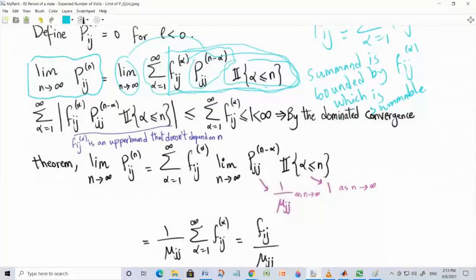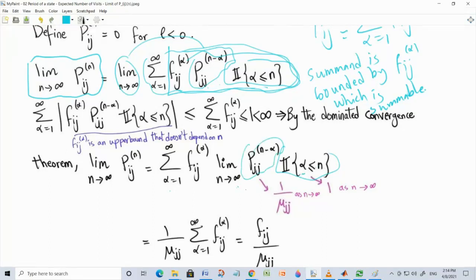If we take the limit inside, there are two things. This is the indicator that n is greater than or equal to alpha. So now you are fixing an alpha and then taking the limit. If you fix an alpha and take the limit as n goes to infinity, sooner or later n will get very large and exceed alpha, and so the limit of the indicator function is equal to 1.